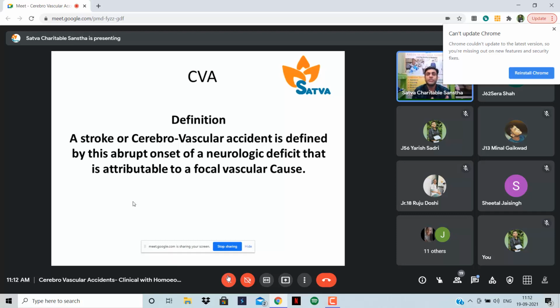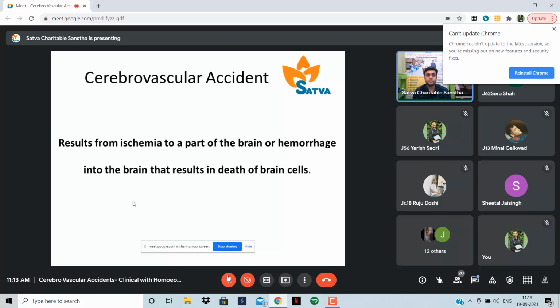Third, which area of the brain is getting affected, and fourth, what kind of vessel supplying this area has been affected. I mean, whether it is an anterior circulation problem or a posterior circulation problem. So that kind of vascular territory diagnosis is also important when we are dealing with cerebrovascular accident.